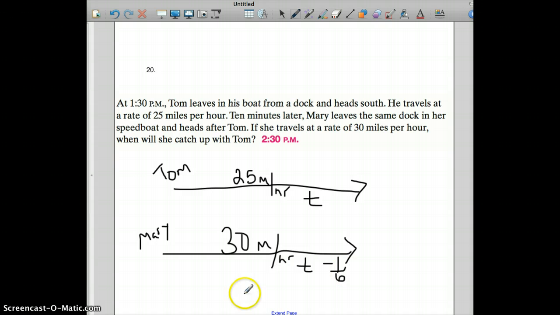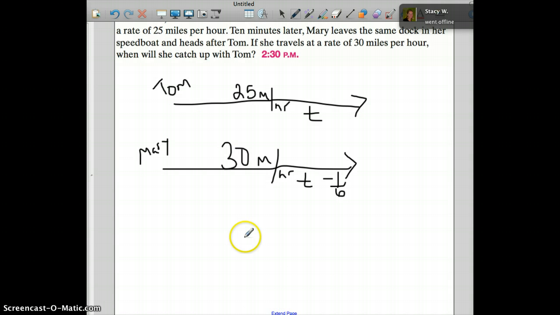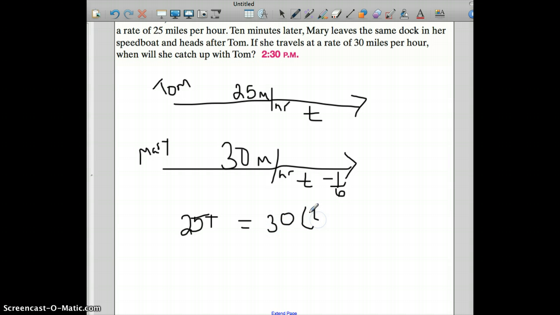We can then set up our equation with equal distances, which is 25t equals 30 times the quantity t minus 1/6.